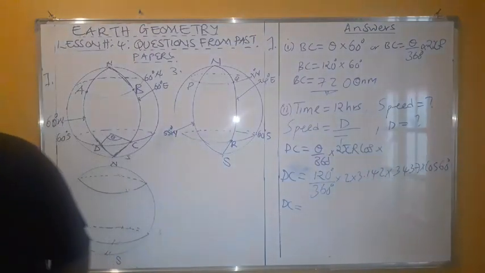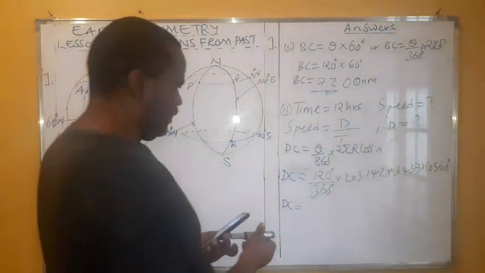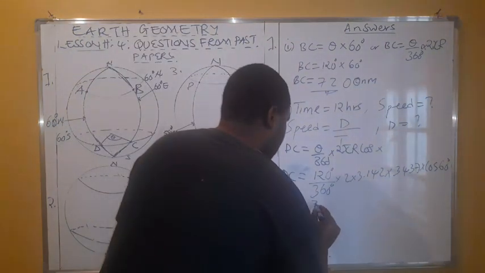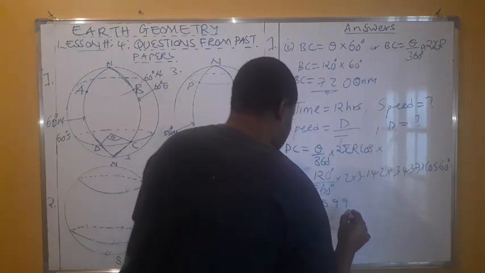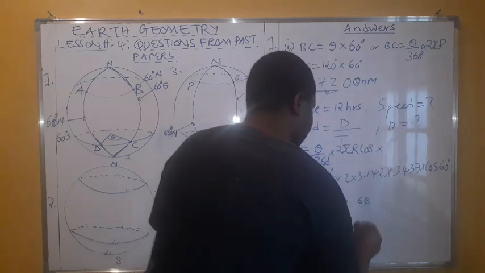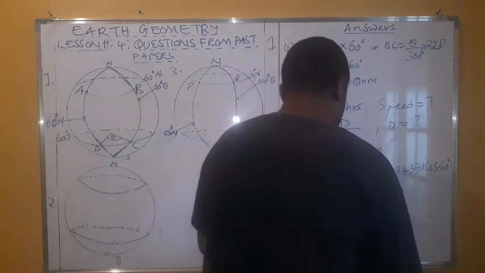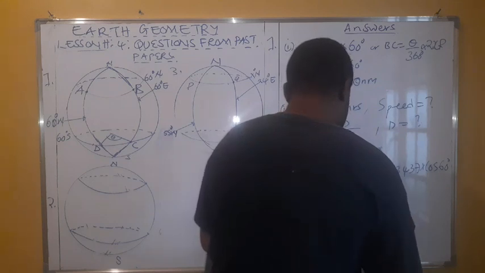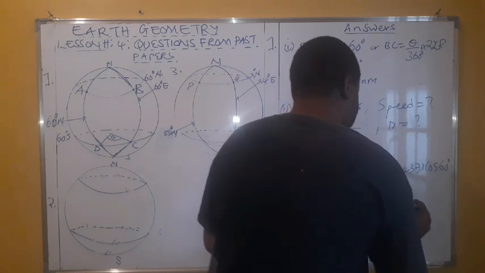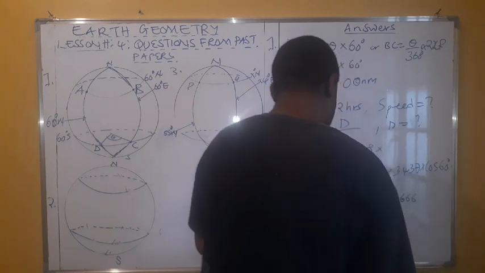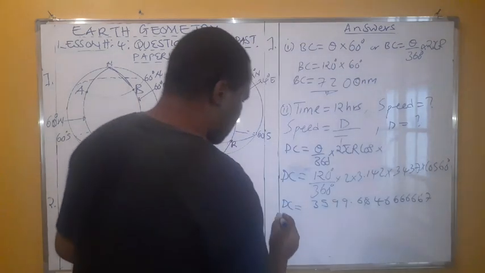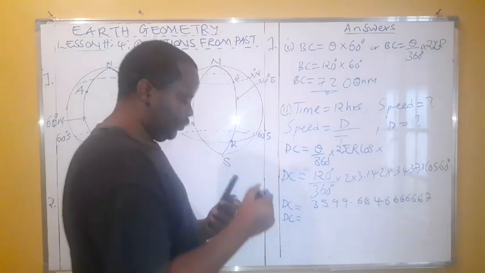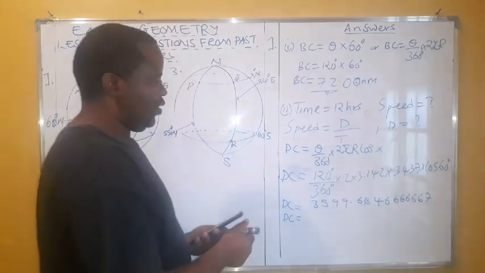Okay, so this is what I found here: 3599.68, about 3,600. So we are saying DC is equal to, you can round off to 3 significant figures.